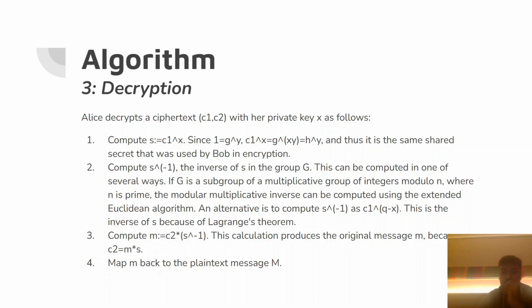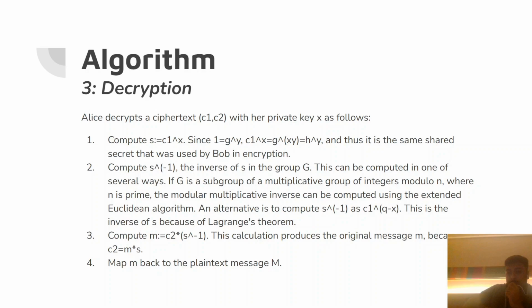Since c1 is equal to g to the power y, c1 to the power x equals g to the power xy, which equals h to the power y, and thus it is the same shared secret that was used by Bob in encryption.